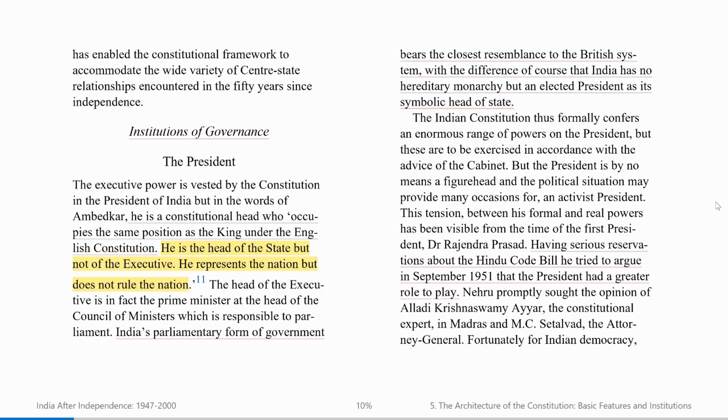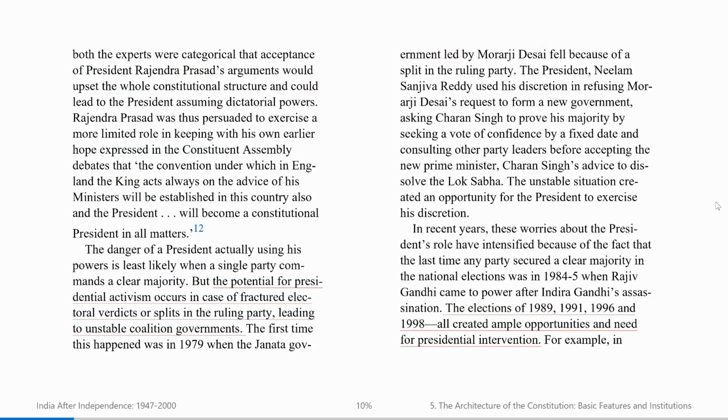But fortunately, the experts argued that the whole constitutional structure would be upset if the president assumed dictatorial powers. Hence, Rajendra Prasad was persuaded to exercise a limited role, right? The convention under which the king acts always on the advice of his ministers will be established in this country, and the president will become a constitutional president in all matters.